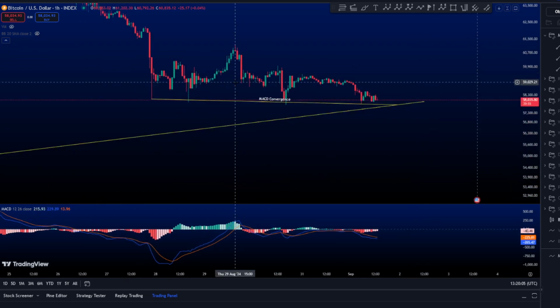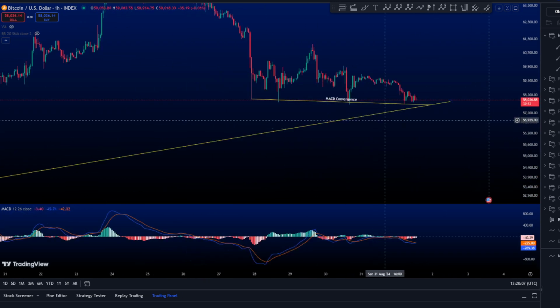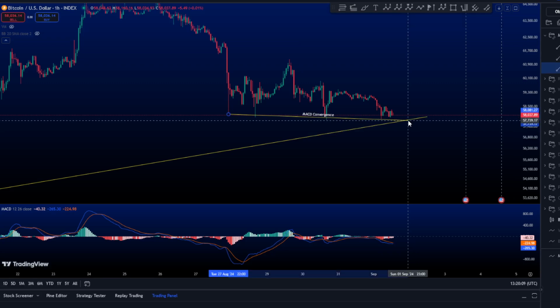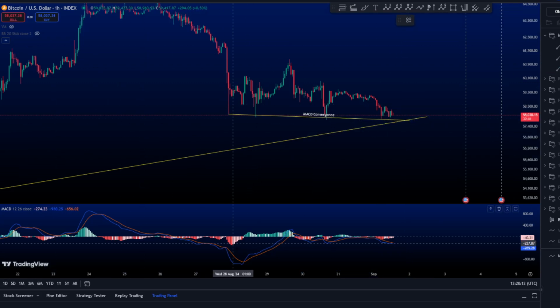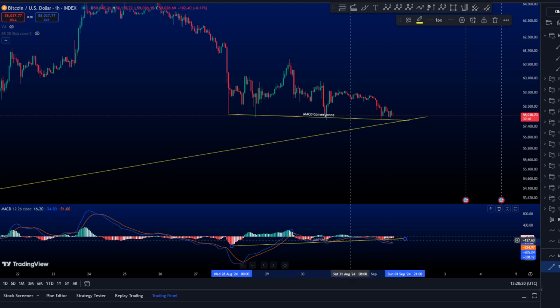On the 1-hour chart, we can also see a convergence for the lower lows. That means a convergence when you take the trend from here till here for the lower low, for the volume, which is for the bears, right?